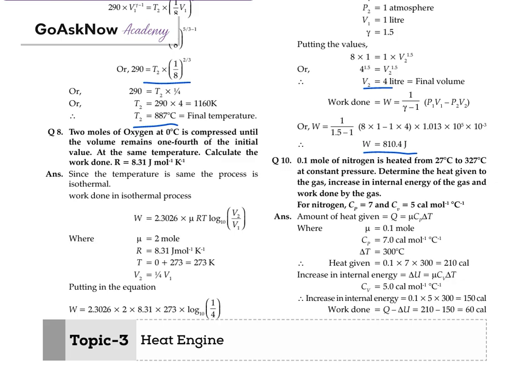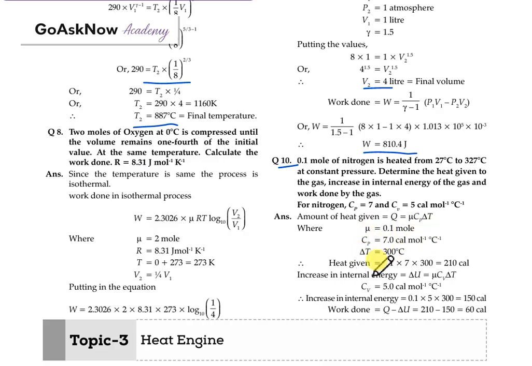One more: 0.1 mole of nitrogen is heated from 27 degrees Celsius to 327 degrees Celsius at constant pressure. Determine the heat given to the gas, the increase in the internal energy of the gas, and the work done. The values are given. We have to find the heat. The amount of heat given is Q equals mu Cp delta T, where mu is equal to 0.1 mole and Cp is equal to 7.